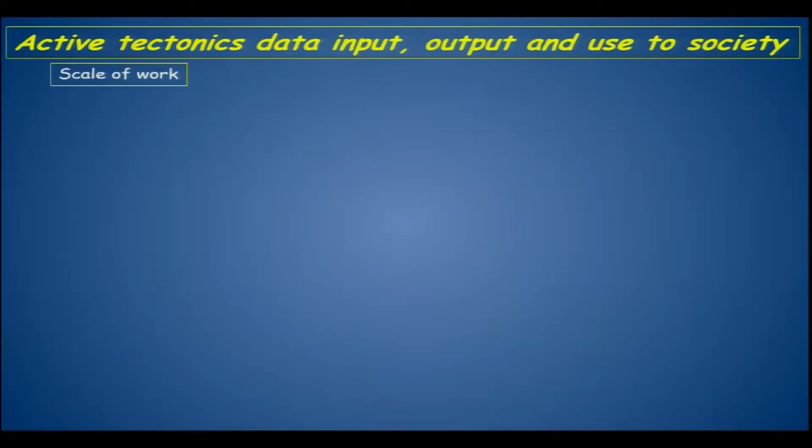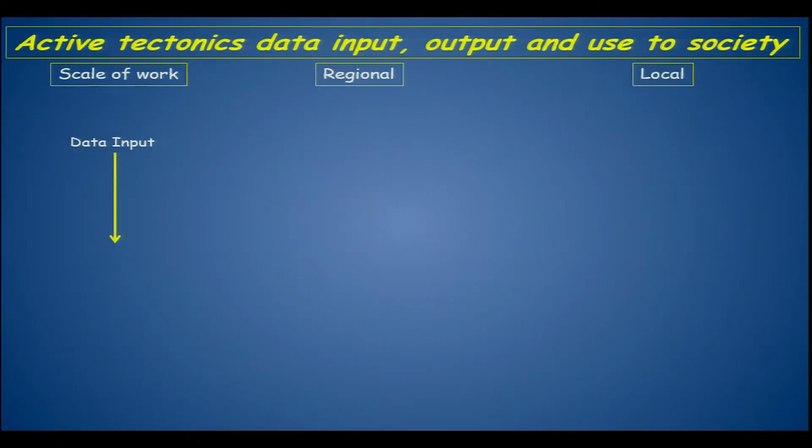So, scale of work, as we talked about, goes from the global scale to the regional scale and then to the local scale. So, we are narrowing our studies and focusing on a particular site of our interest. Now, the site of interest depends upon urbanization.